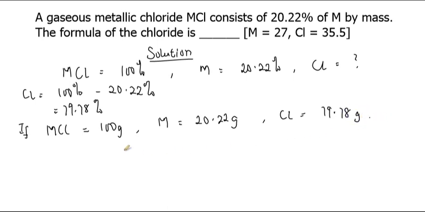So let's proceed. So we have to calculate the number of moles of each of the elements present for us to determine the formula. We can do that separately. I can calculate for M and calculate for chlorine separately, but to make it easier for us, let's work it out simultaneously. So I have M, I have Cl, that is, I'll be calculating the number of moles of each of them at the same time.